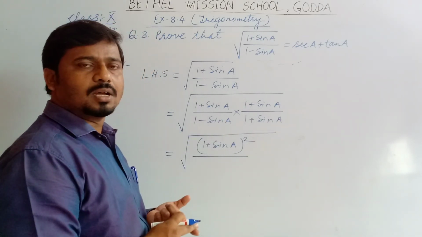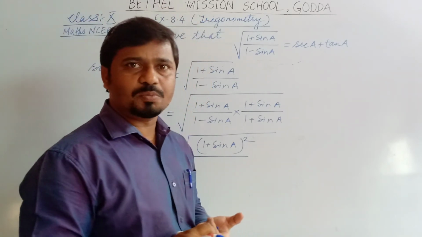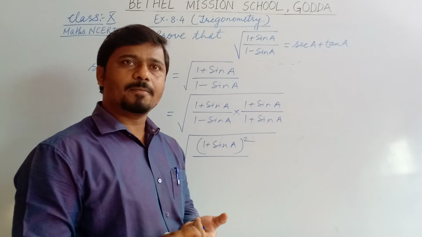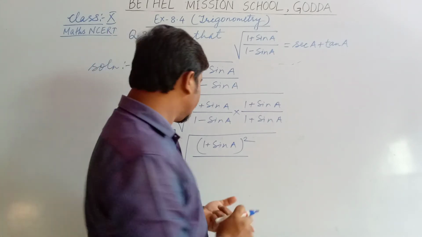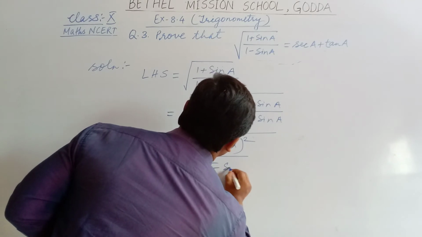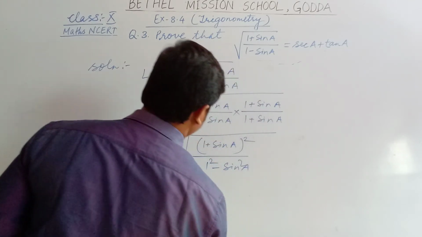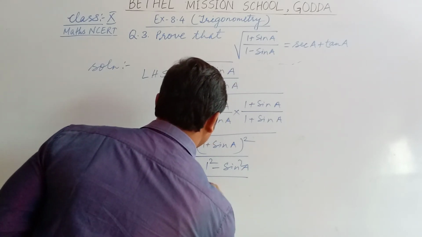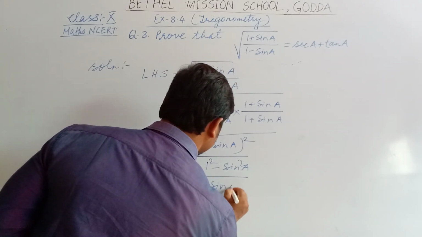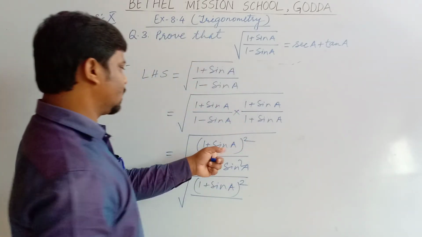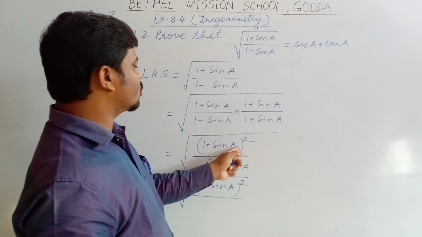So this is in the concept of A minus B into A plus B, and you know that A minus B into A plus B will be A square minus B square. So here we will write 1 square minus sin square A, under root 1 plus sin A whole square. We will not break this whole square.